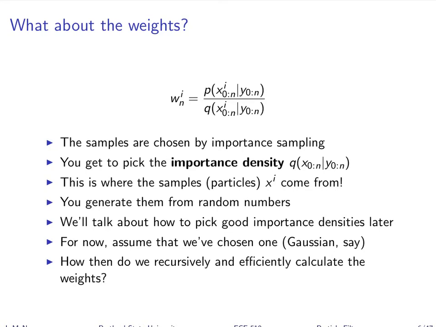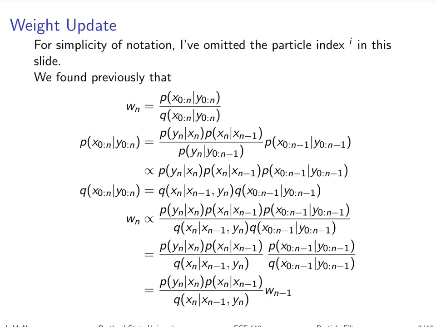Just fire up your random number generator, and the only thing left then, for now, is to figure out what are the weights. And again, we'll talk about good importance densities a little bit later, but for now, just think, okay, we've got our particles, we just sequence of Gaussian random numbers, how do we calculate our weights? If we have those, we've got our representation of the posterior, we now know how to calculate the mean from that representation.